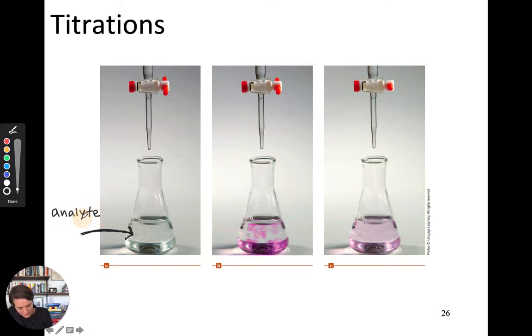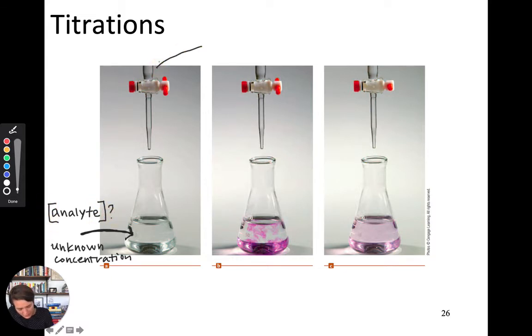So the analyte is whatever you are analyzing. So usually the analyte is going to be of unknown concentration. So ultimately a titration is trying to figure out what the concentration of our analyte is.